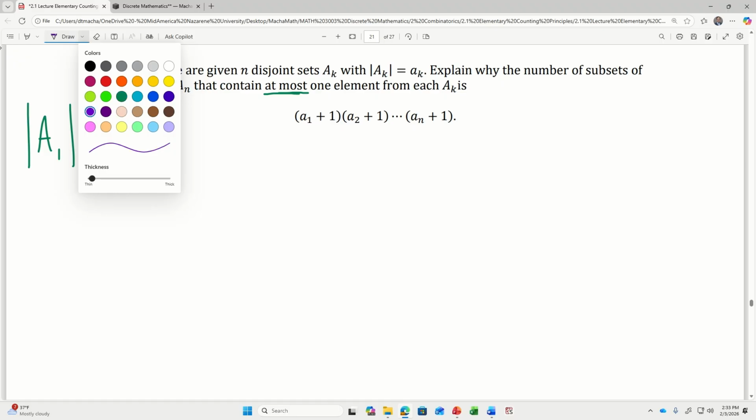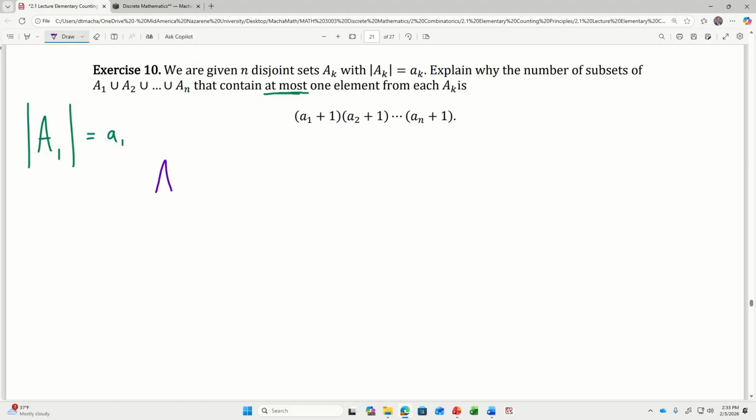So I have sets A1, A2, A3, A4, and so on, up to AN, whatever that is. And they're disjoint, so they don't have any elements in common.